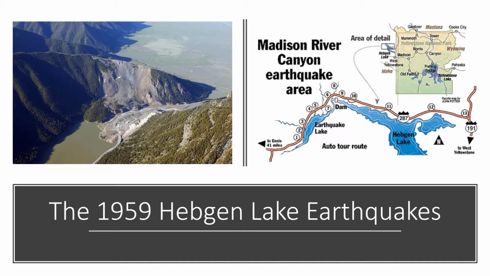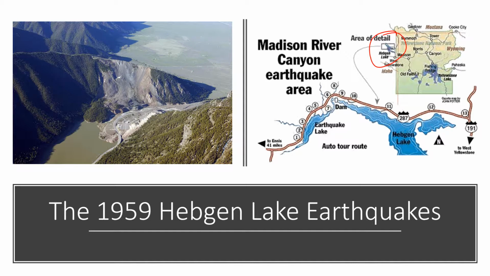So speaking of earthquakes in this region, they do happen. You have active faults. You have active geology, and you have faults that are periodically going to move. And in 1959, there was a magnitude 7.2 earthquake to the west-northwest of the center of Yellowstone National Park, in the vicinity of a lake on the Madison River called Hebgen Lake.